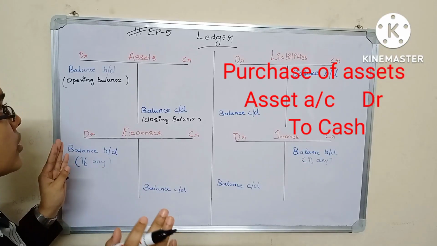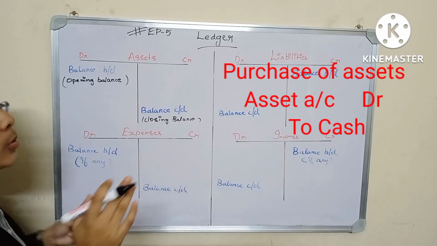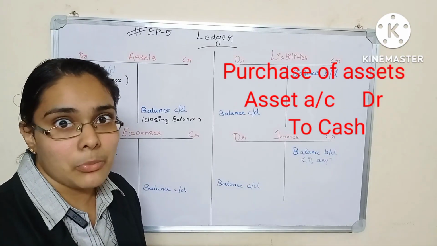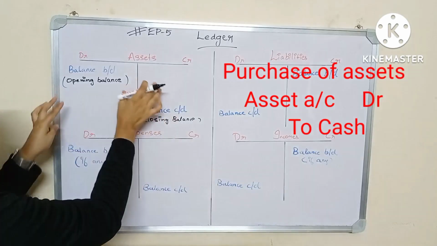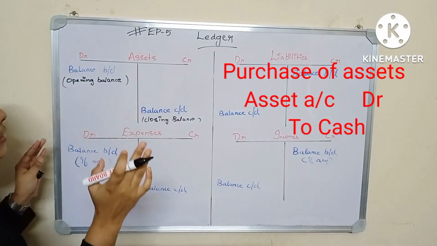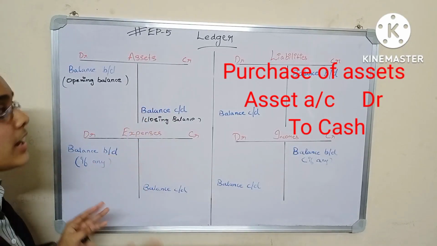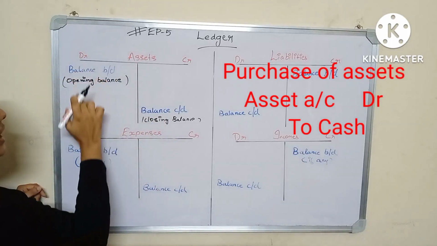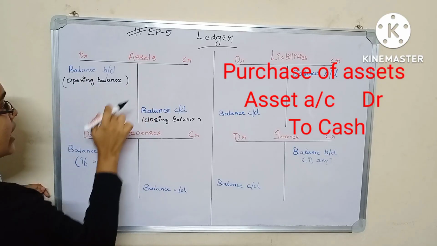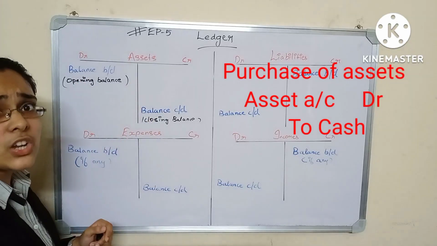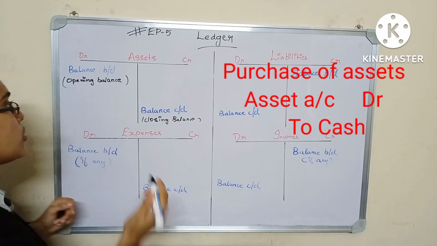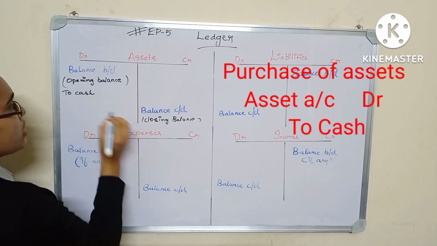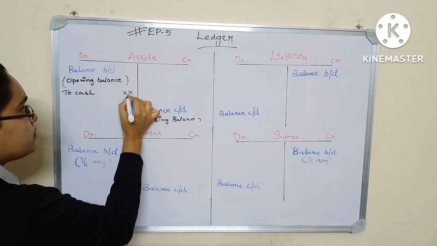The asset account is being debited, so you will enter the debit side of the asset account. And you will write the other aspect: To cash, since you have credited the cash account. And you will write the amount.